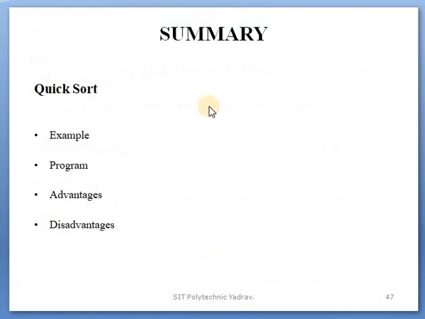Summary of today's lecture: we saw the points, example, program, advantages and disadvantages. In the previous lecture we started quick sort, and saw the concept, syntax, algorithm and an example.